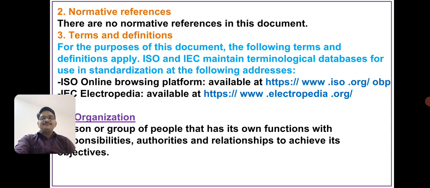ISO and IEC maintain terminology databases for use in standardization at the following sites: the ISO Online Browsing Platform, available at https://www.iso.org/obp, and IEC Electropedia, available at https://www.electropedia.org/.